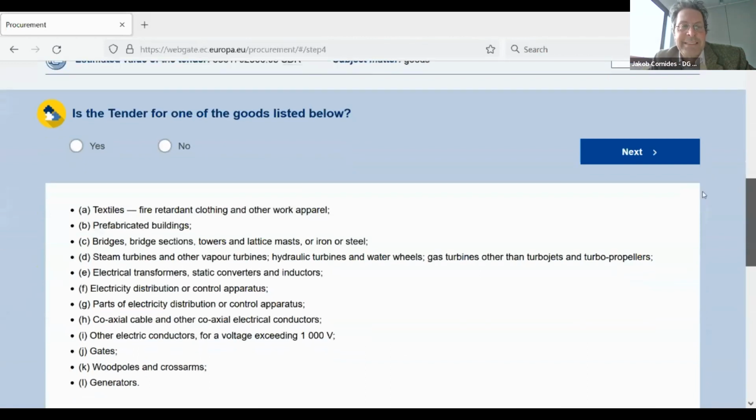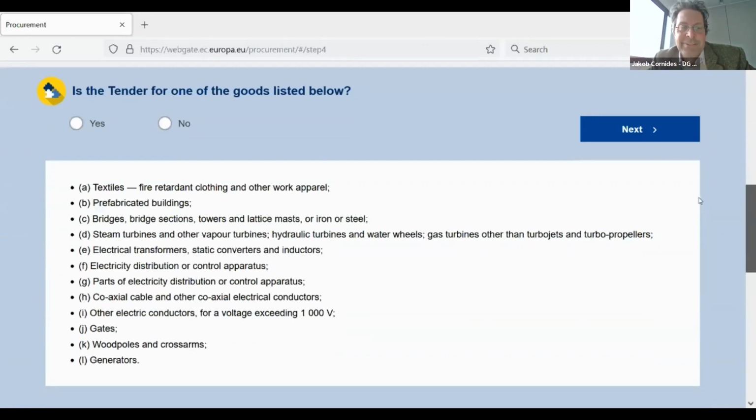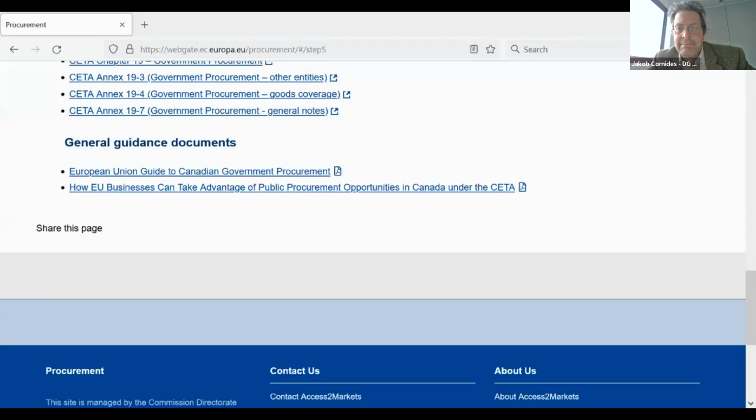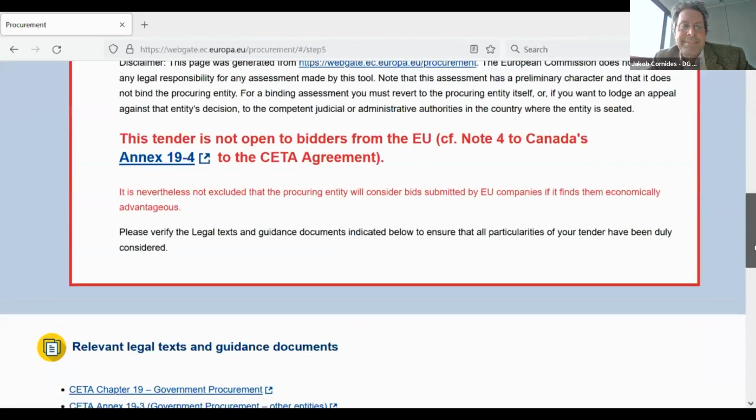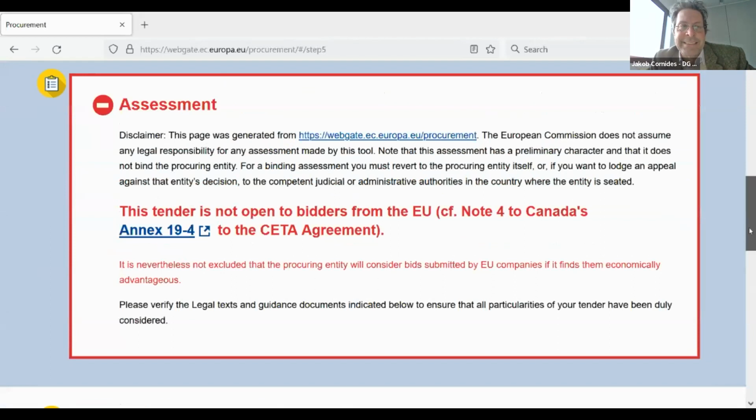It's rather complicated, and so we had to transform those provisions into follow-up questions that need to be answered. Is a tender for one of the goods listed below? I say yes. And too bad. Again, a negative answer.